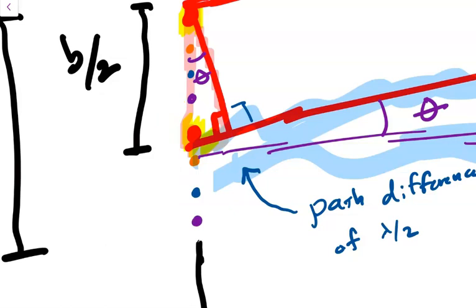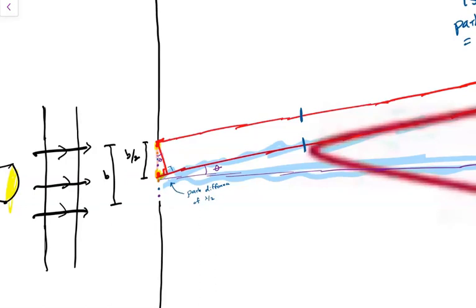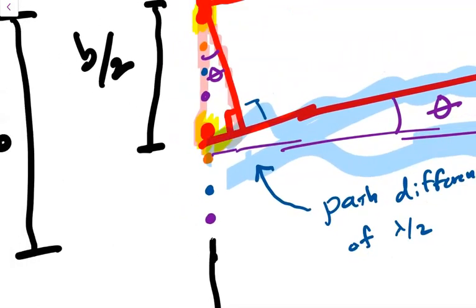So this occurrence where there are 2 wavelets that are interfering some distance away on a screen and their path difference is lambda over 2, so they're creating destructive interference, that's occurring for every consecutive pair of points down this slit. So the orange and the orange are also destructively interfering at the end, the blue and the blue are also destructively interfering, the purple and the purple are all destructively interfering, and every pair of points on this slit is also destructively interfering.